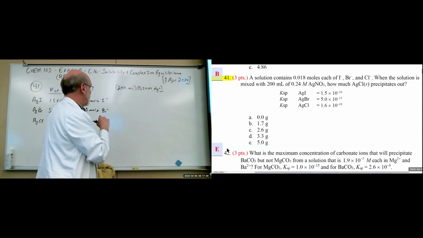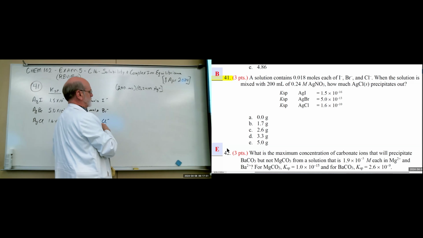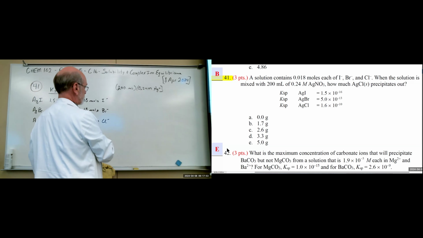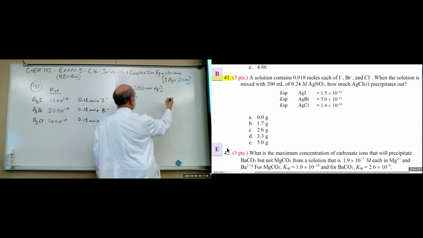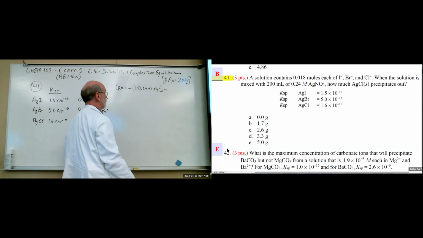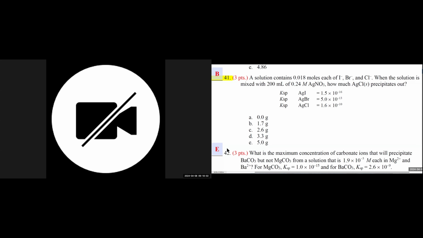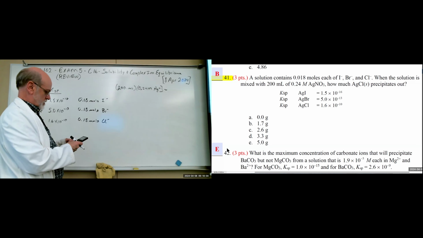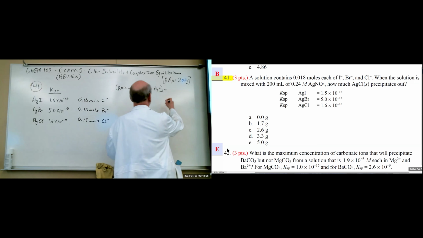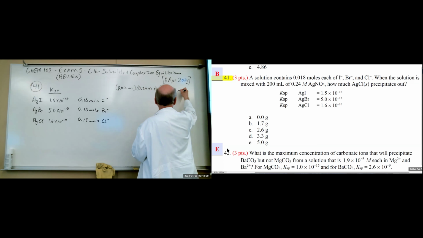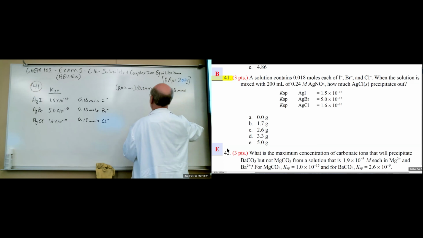How many moles of silver is that? I can calculate millimoles easily, just 200 times 0.24, which is 48 millimoles of silver.